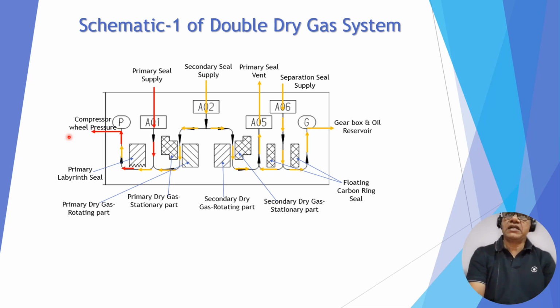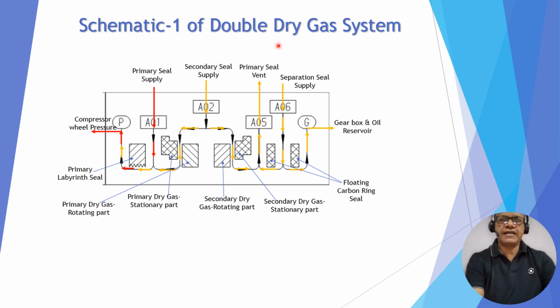In that case, the delta P across the primary supply and the compressor wheel pressure will be much higher. So leakage through this will be very high, and for that reason we cannot use a tandem seal arrangement. For that we use the double dry gas seal system. I hope I could make you understand: if delta P across this is very high, we cannot use a tandem arrangement.